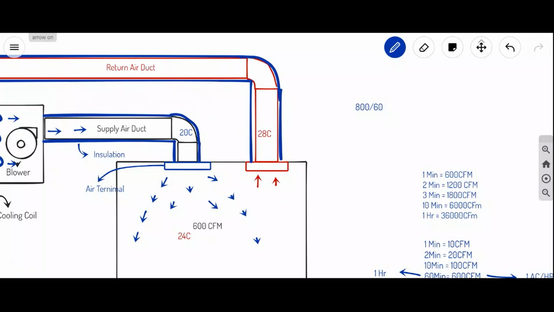If you want 1 air change per hour, if you want 2 air changes per hour, 800 divided by 30, it will become 28 or 30 CFM per minute.